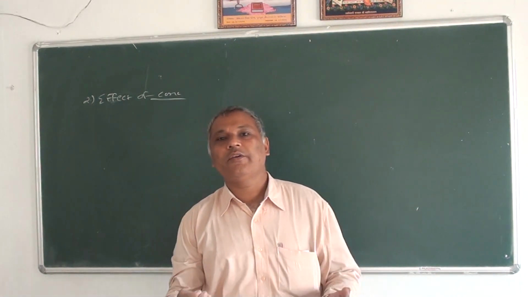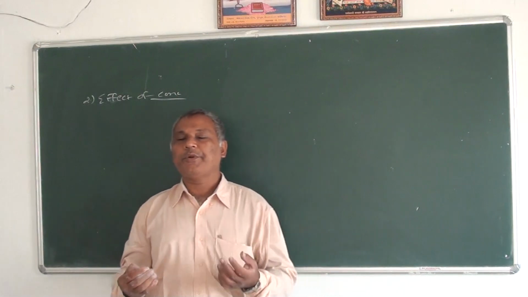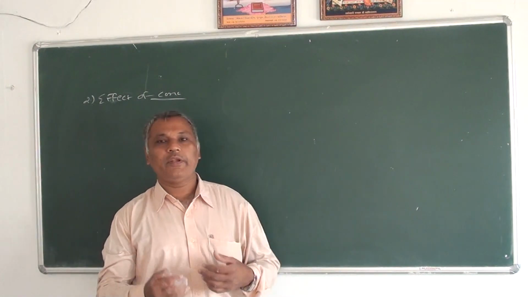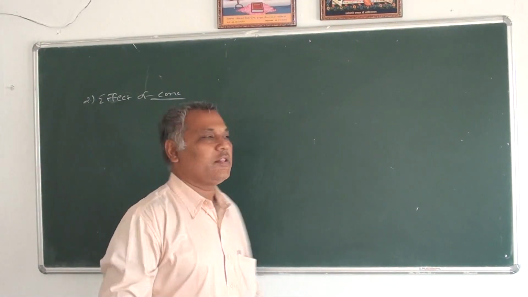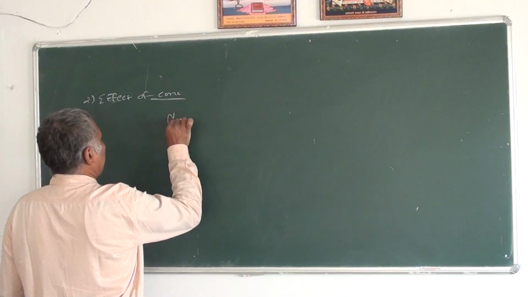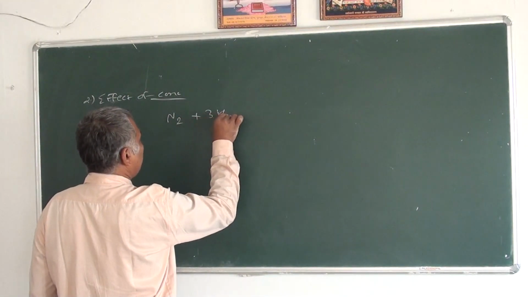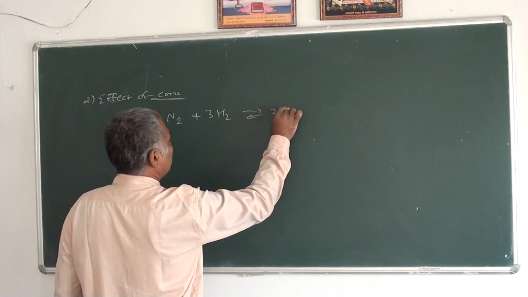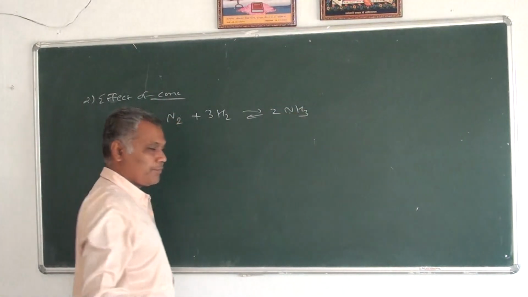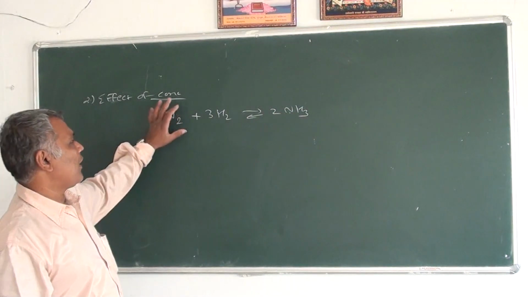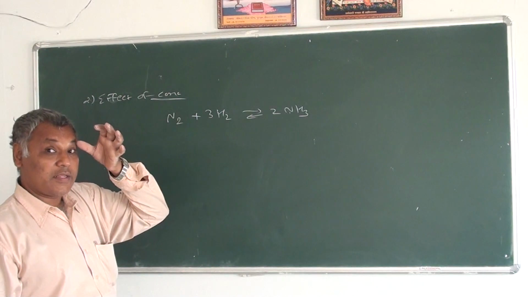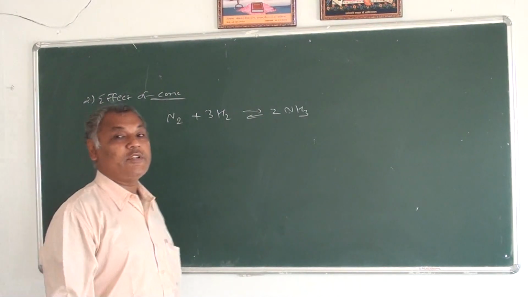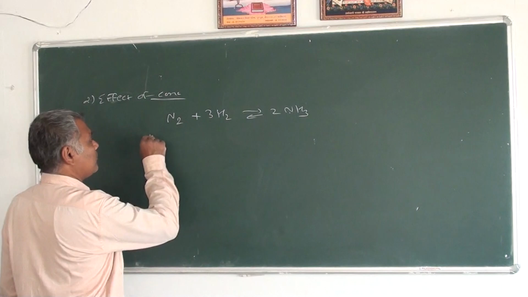Unlike temperature, where we have endothermic and exothermic, we don't have two parts for it. It's one and the same. N2 + 3H2 gives 2NH3. I will write this reaction.